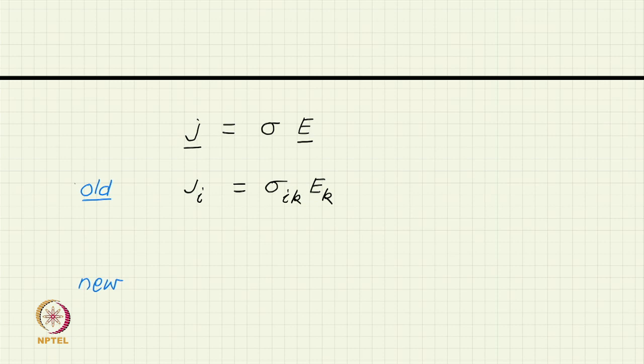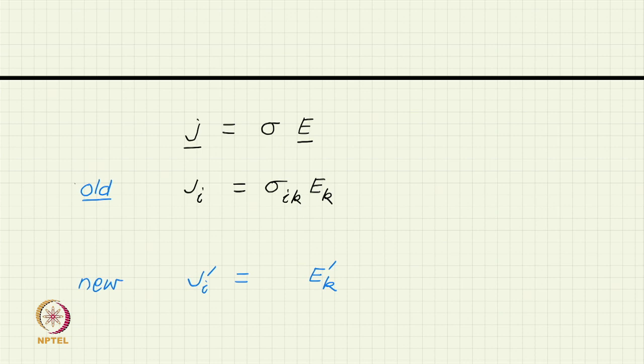In the new basis, the components of the same current density vector will now be different and will be some other j I prime. Similarly, the electric field will also have different components E k prime.